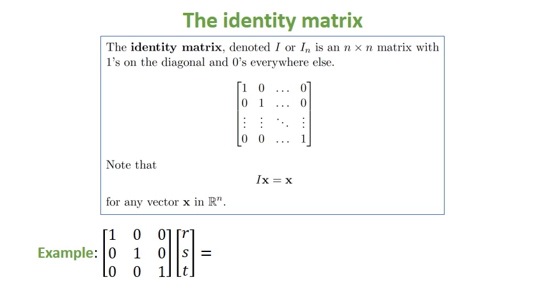There's a little something called the identity matrix, and the identity matrix is a very special matrix where on the diagonal there are all ones and every other entry is a 0. Basically, what that means is if you take this matrix and multiply it by any other matrix, it's like multiplying by 1.